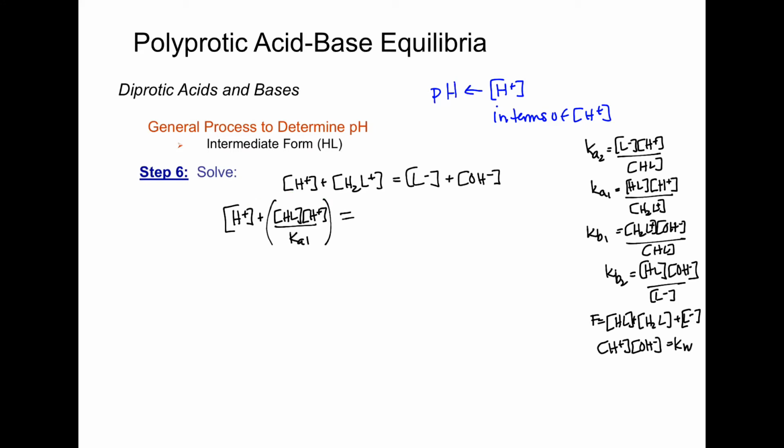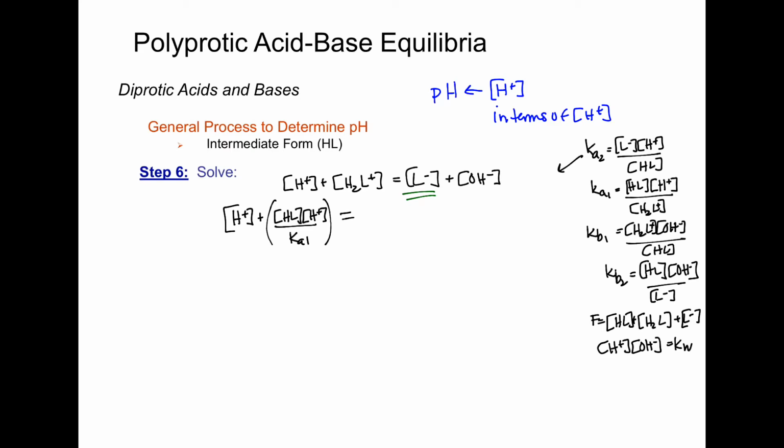Okay. So now I need to do a similar thing for L-. I'm looking for a reaction that has L- in it and will also get me closer to H+. The one that I see is right here. It has L- in it and it has H+ in it. So I'm going to rearrange that one.